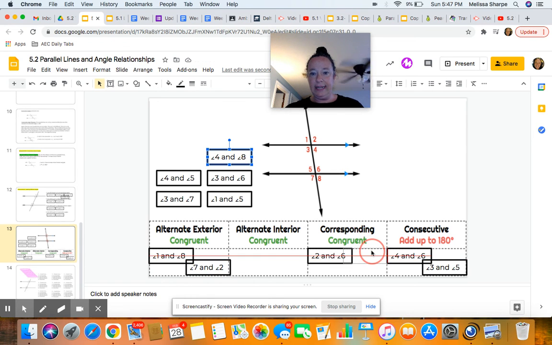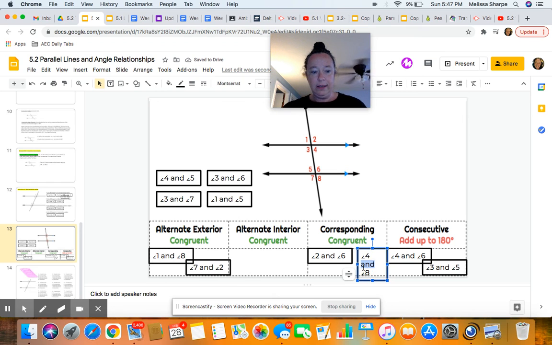It's going to get all messy. Oh, let's see here. I can make that a little smaller. No, I cannot. Let's see. I can do this. 4 and 8.